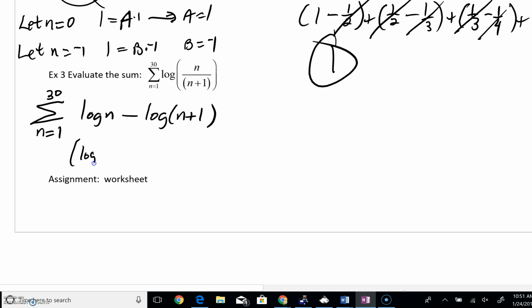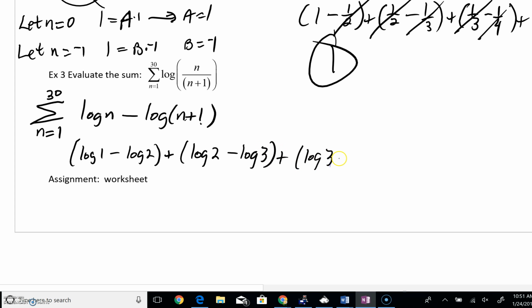We're going to say log base 10 of 1 minus, plug in the 1 plus 1, and we'll get a log of 2. Plug in your second term. We'd have the log of 2 minus the log of 3. And plug in a third term. We'd say, well, I'll have the log of 3 minus the log of 4. Why? Because that 3 plus 1 becomes a 4.